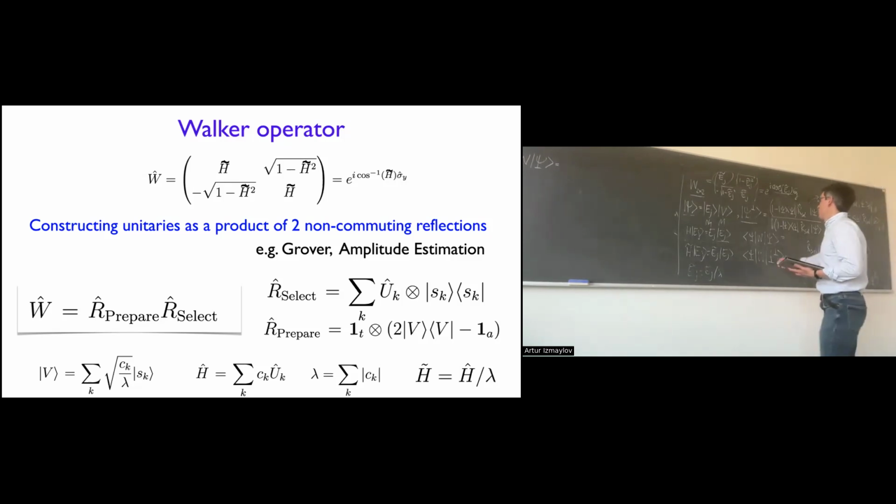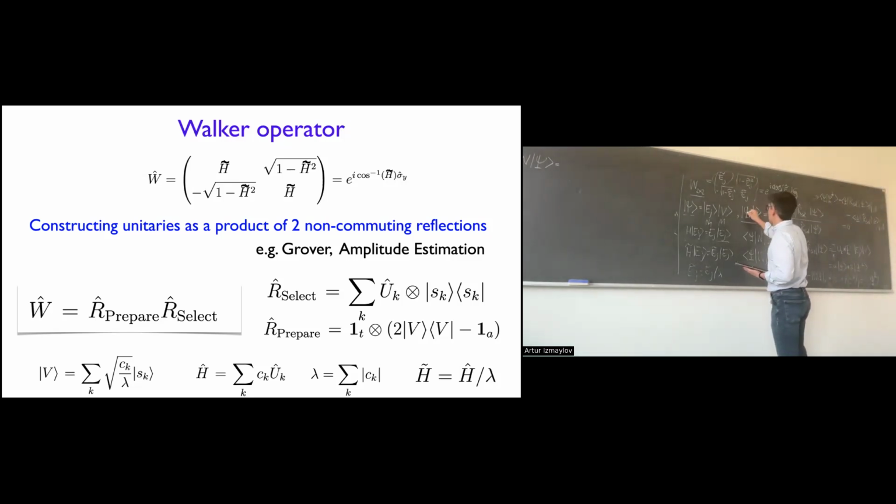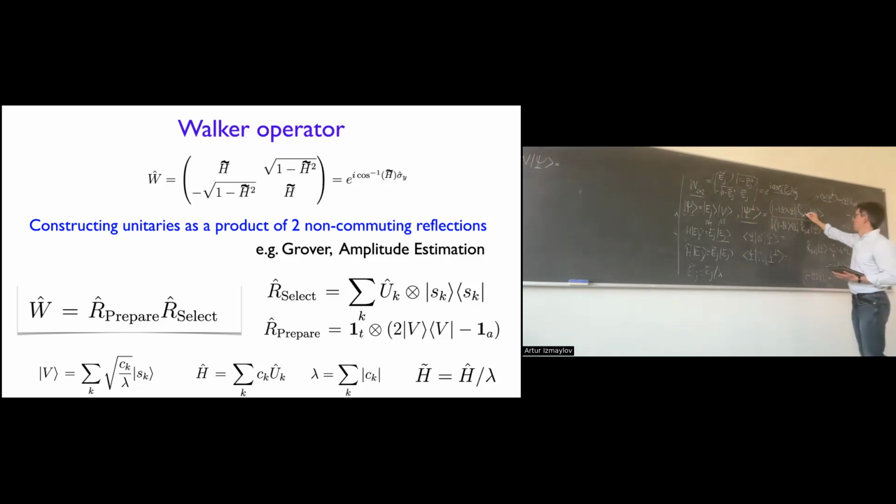Okay, so one way to define the orthogonal subspace here is through this formula. What this formula does is simply take the projector outside.